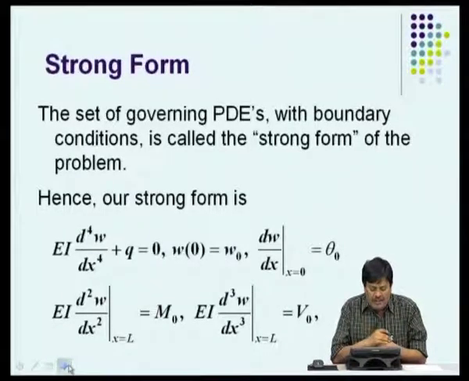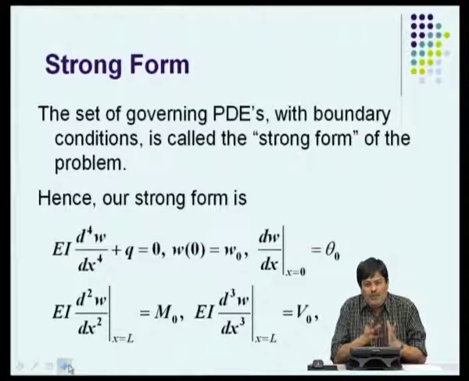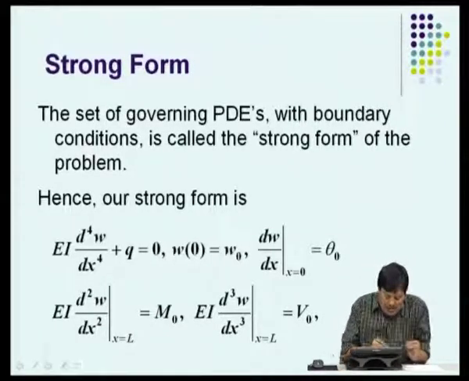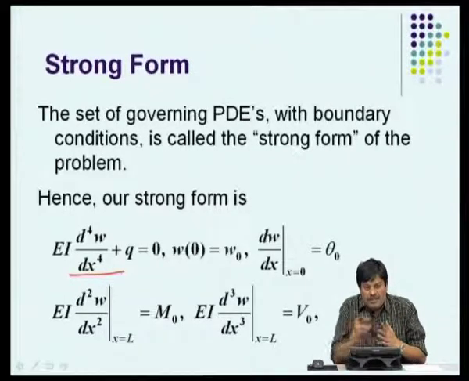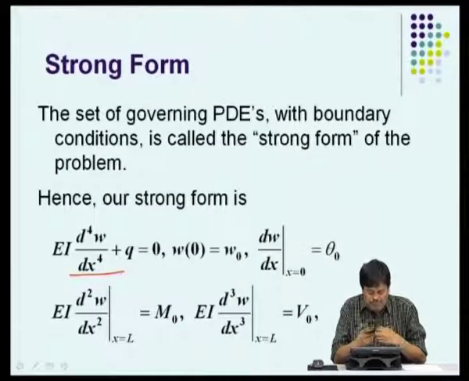So, before going to the weak form, what is a strong form? A strong form of a governing PDE is the one which is shown here, and this governing equation is subjected to a set of Dirichlet boundary conditions, and in this case for a beam it is on slopes as well as displacements, that is W and dW by dx, and the Neumann boundary conditions, that is on moment and the shear force.